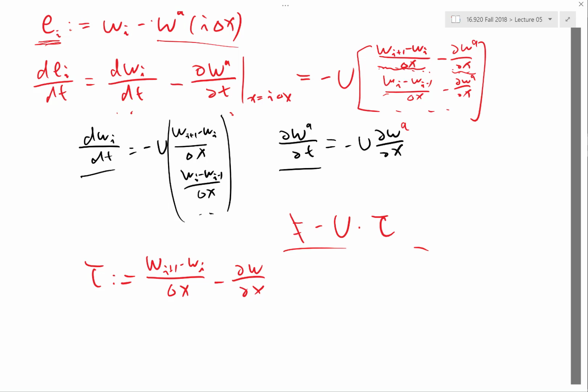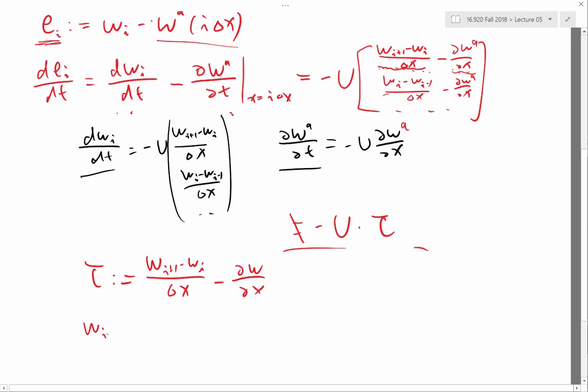The way we use E itself is that we are going to write dW_i/dt as what? Well, let's wait one second. We don't start from here. We are going to be starting from here.